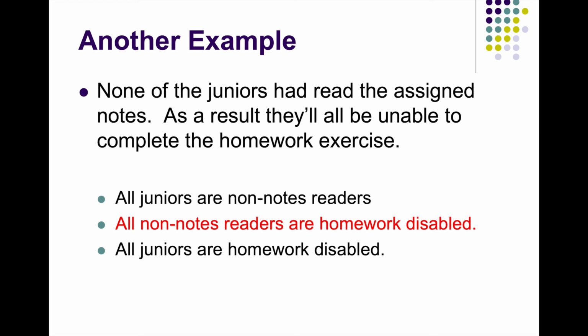So you know it's going to be a universal affirmative with that term as the subject term, which makes it distributed. So all non-notes readers becomes a distributed term in the missing premise. And then juniors already appears twice, but homework disabled does not. So that has to be the missing term in the missing premise. And it's not distributed in the conclusion. So it also must not be distributed where it appears in the missing premise. And so the final missing premise would be all non-notes readers are homework disabled.